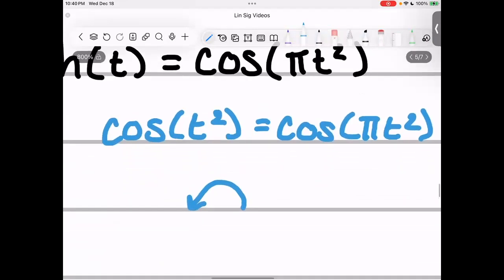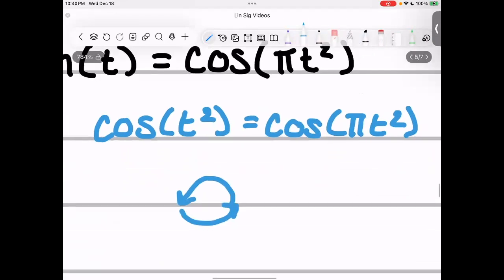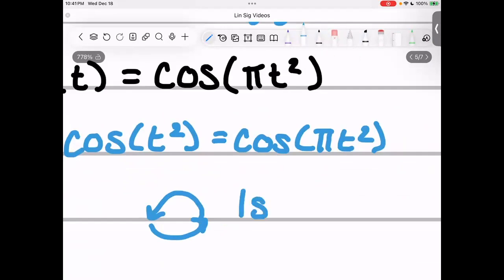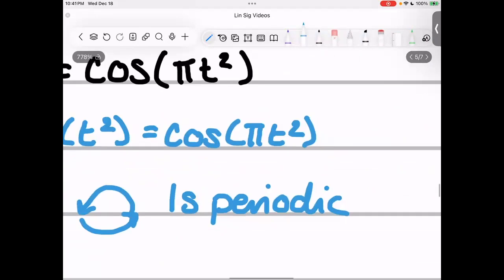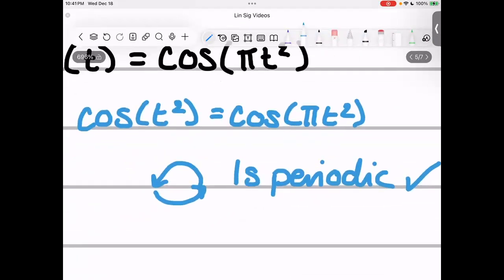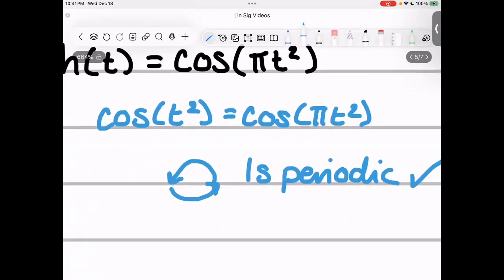And if you multiply the semicircle, that pi, enough times, you're going to get back to where you started. So because of that pi, it actually is periodic. If we try to calculate the period here, we get 2 pi over b, which is pi, equals 2.